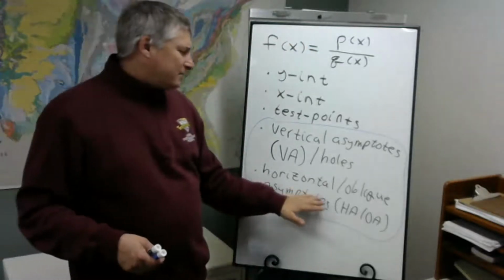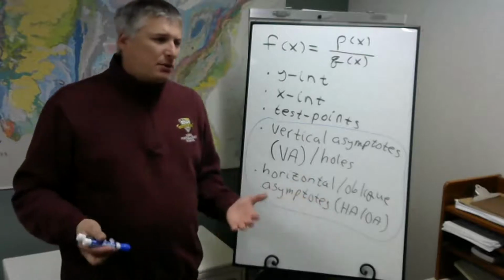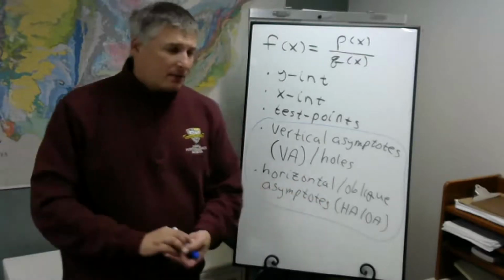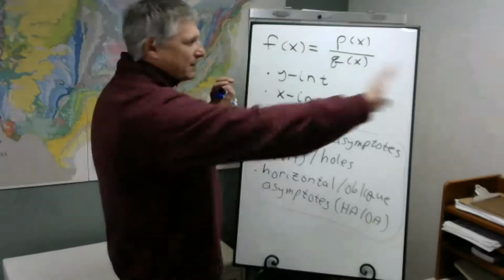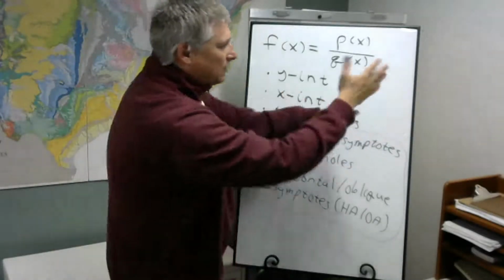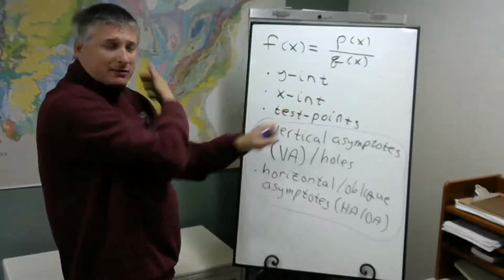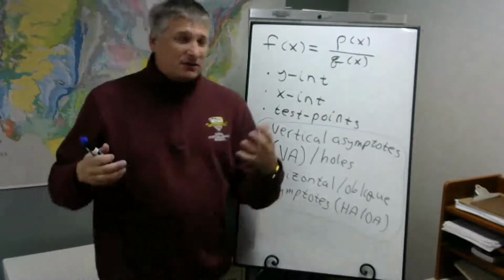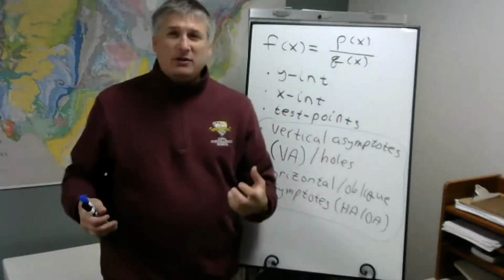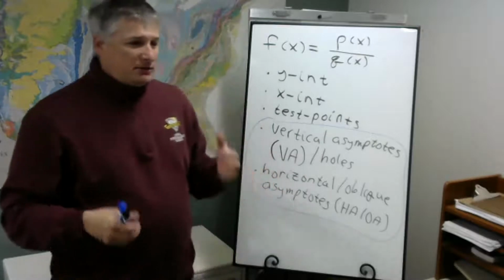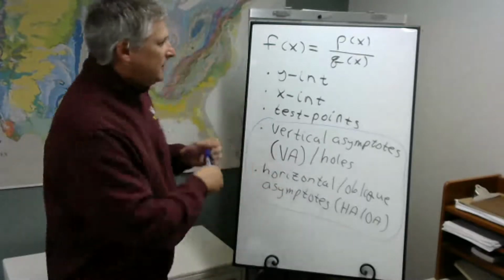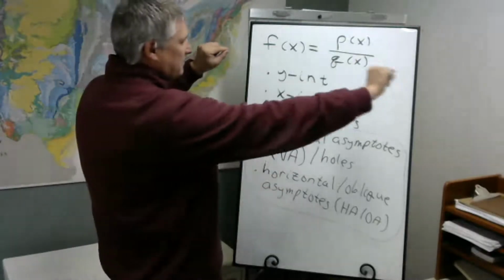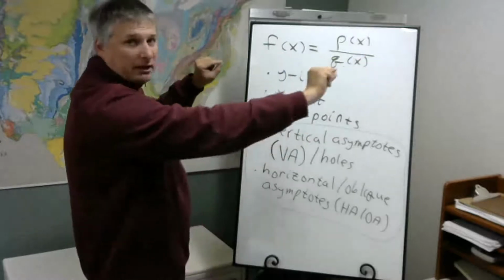Now, horizontal asymptotes and oblique asymptotes, this is where we're talking about end behavior. So as x goes way out on the positive x-axis, or way out on the negative x-axis, what does this rational function do? It'll typically do one of three things. It'll slowly act like a line.